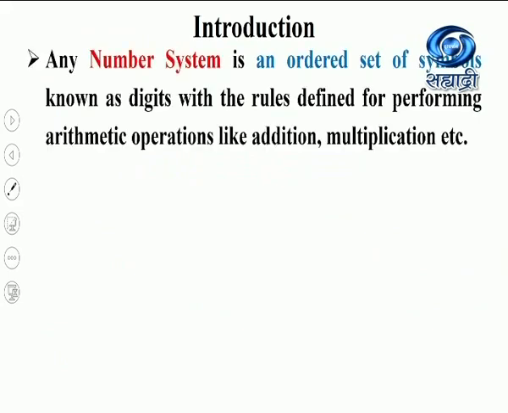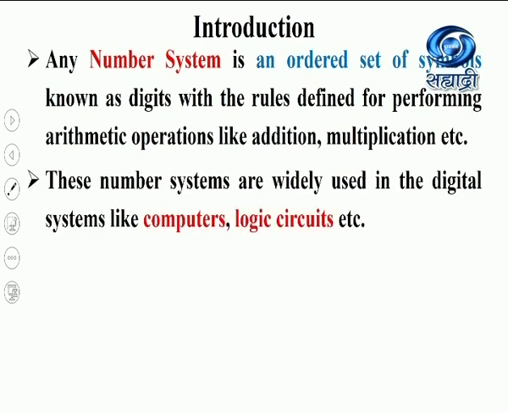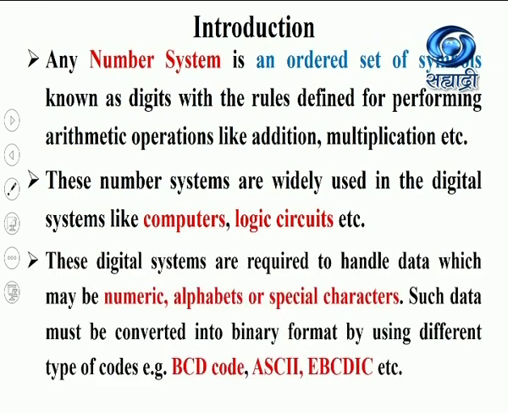Any number system is an ordered set of symbols known as digits defined for performing arithmetic operations like addition, multiplication, etc. These number systems are widely used in digital systems like computers, logic circuit, etc. These digital systems are required to handle data which may be numeric, alphabets or special characters.